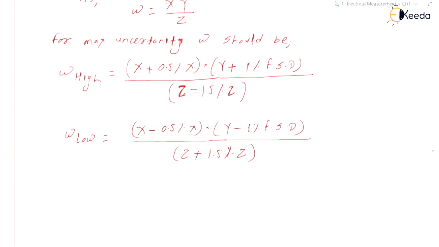That error will be the maximum. Okay, now consider w high. By using w high or w low, you will be getting the same value. Error, one is plus, second one is minus. So w high is equal to x plus 0.5% of x. What is the x value?